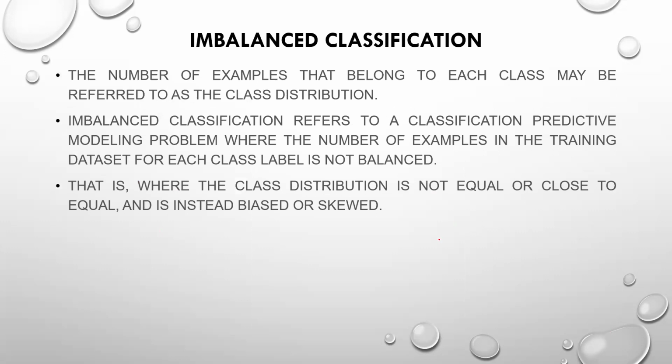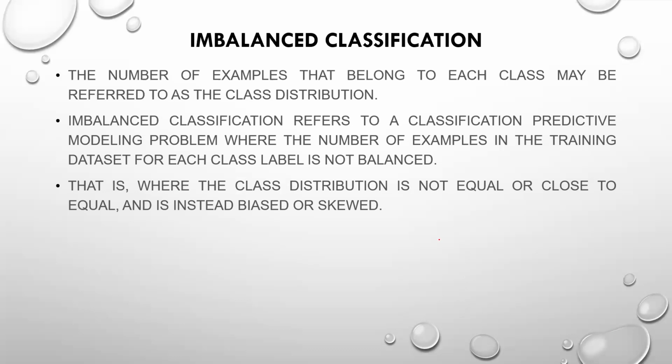Then coming to the last one, imbalanced classification. What do we mean by imbalance? The name itself indicates it. Whenever we give a data set to a classification model, the number of training examples for each class label should be balanced.